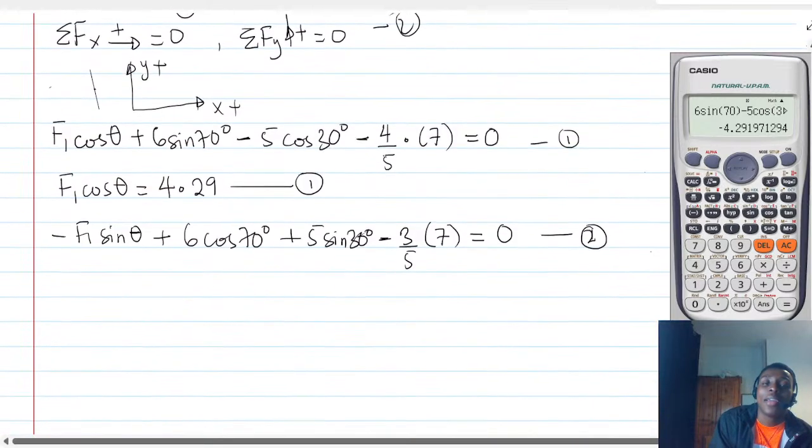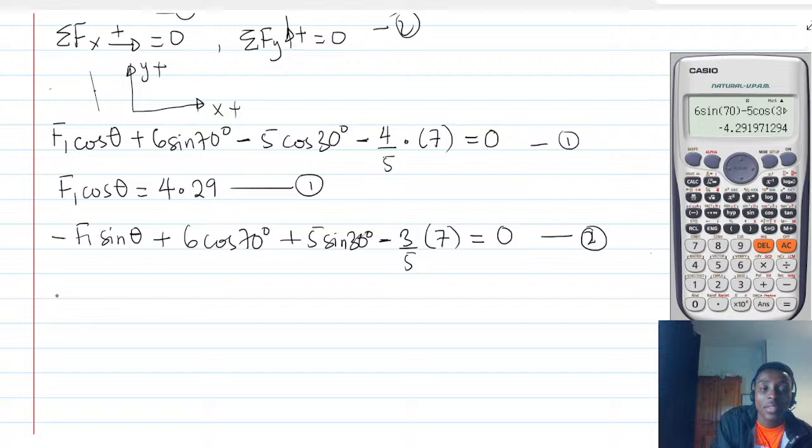Let's try and simplify it. So minus F1 sine theta. Let's try and simplify what we have here.